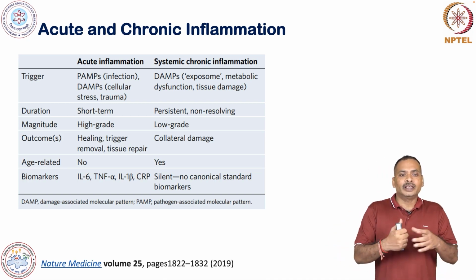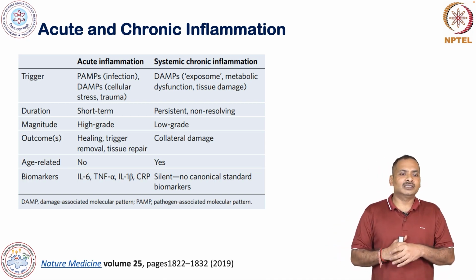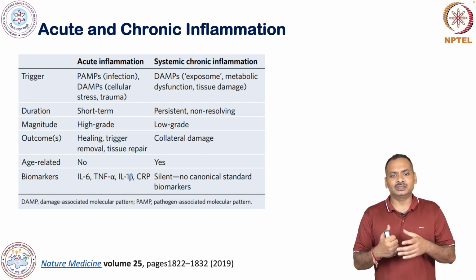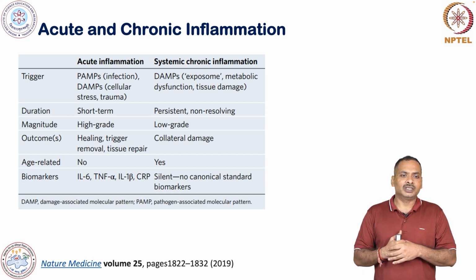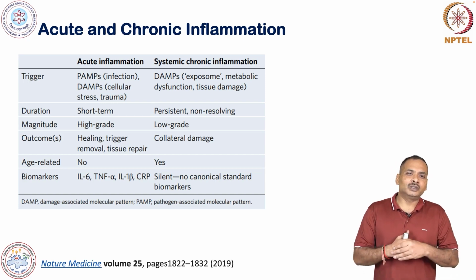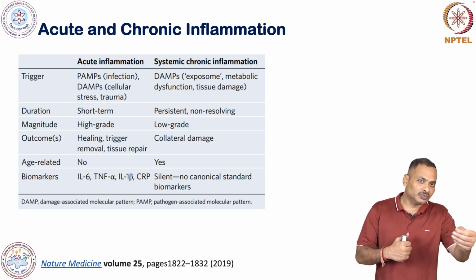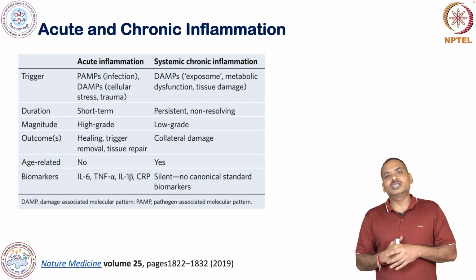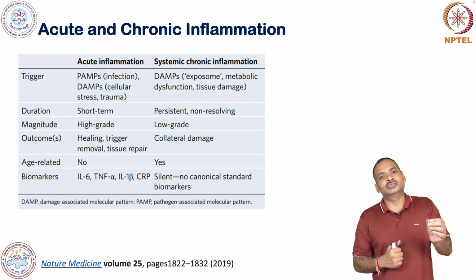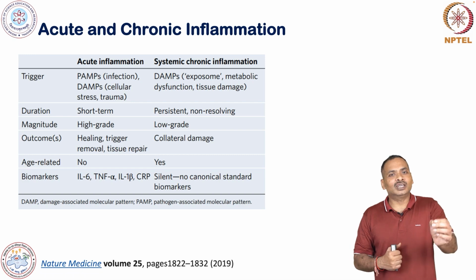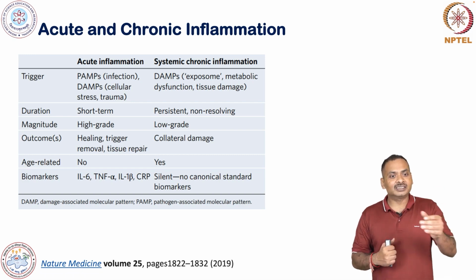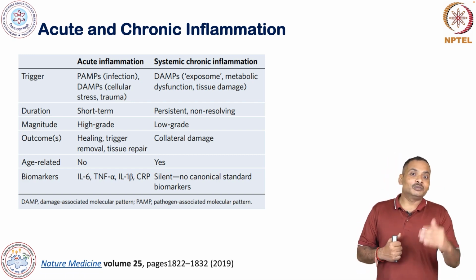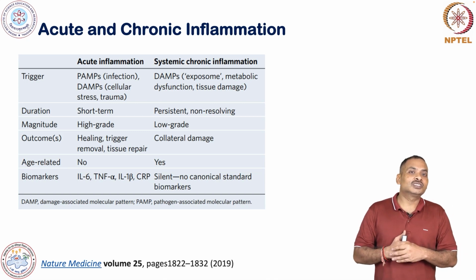Acute inflammation is not dependent on age, but chronic inflammation is kind of age dependent. In acute inflammation, there are some signature molecules. If you look at those acute inflammatory sites, you will find more production of cytokines like IL-1 beta, IL-6, TNF, and more production of CRP.